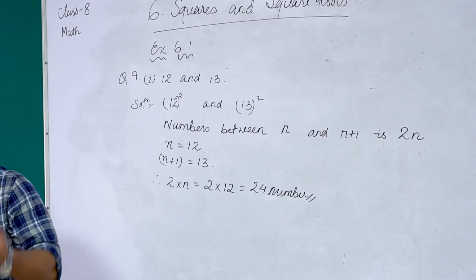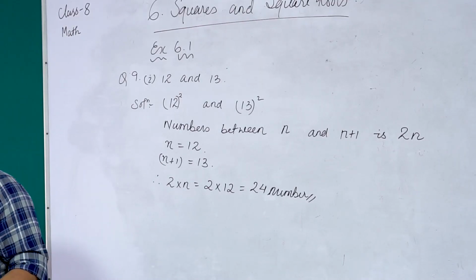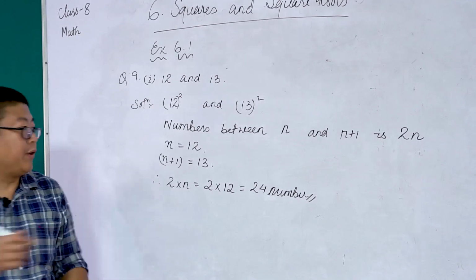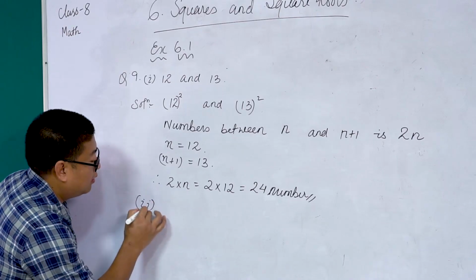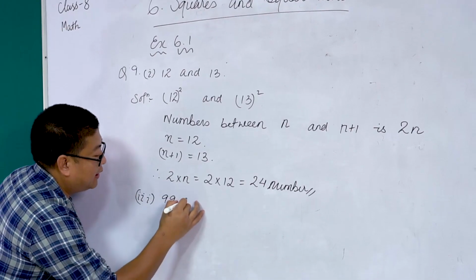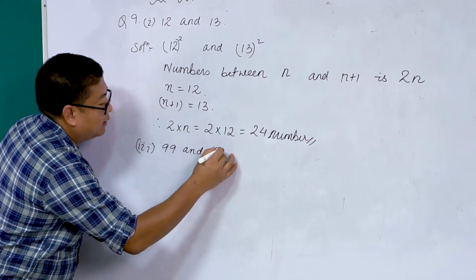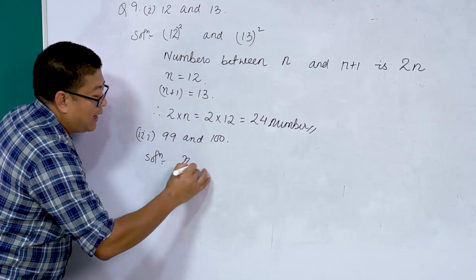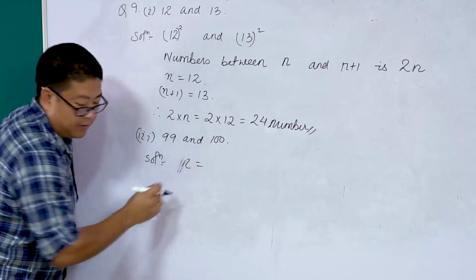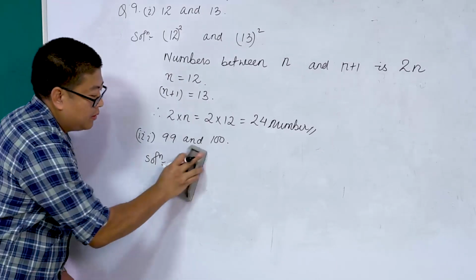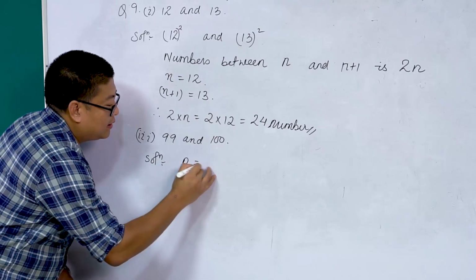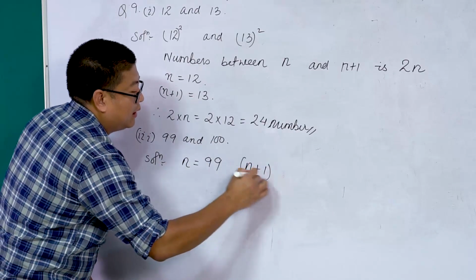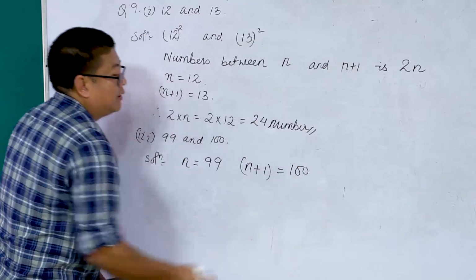Similarly, for the next question also, it will be same. I'll do 3 for you so that we can understand better. 99 and 100. So here, your n is 99 and n plus 1 is 100.